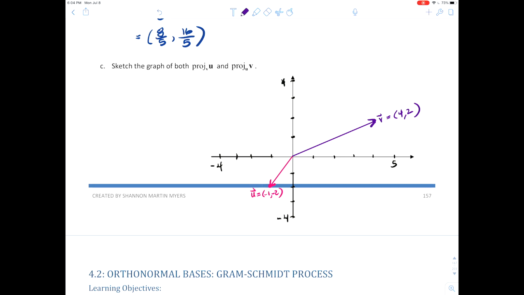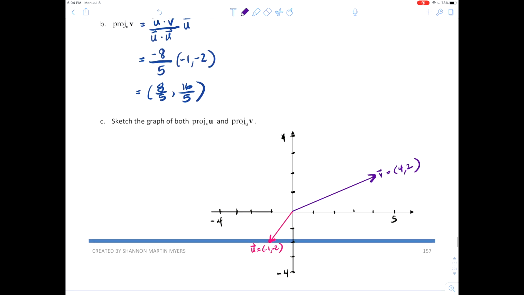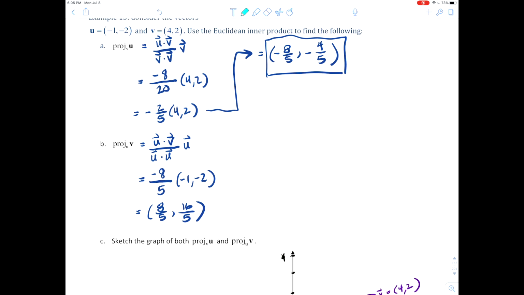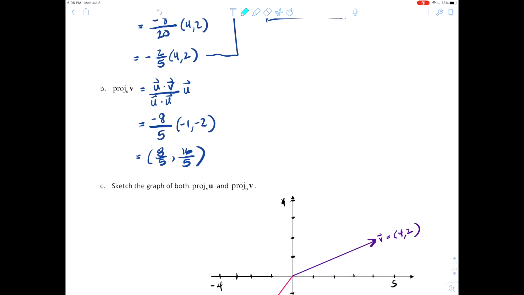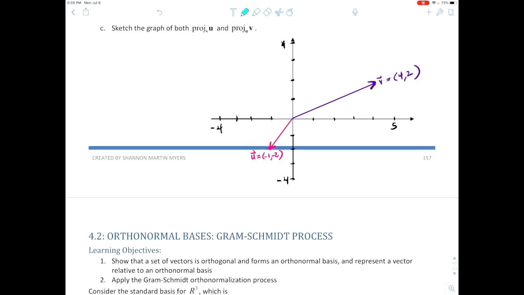Okay, so let's take a look. What do these orthogonal projections look like? So the orthogonal projection of U onto V we'll do first, this one here. And that was -8/5, -4/5. So -8/5 is about -1.6, right? And -4/5 would be about -0.8.